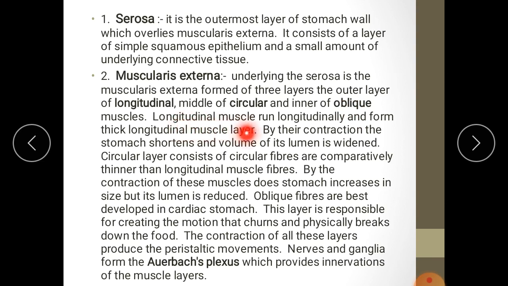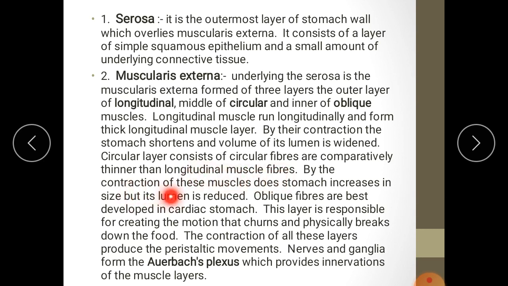Longitudinal muscles run longitudinally and form a thick longitudinal muscle layer. By their contraction, the stomach shortens and the volume of its lumen is widened. The circular layer consists of circular fibers, comparatively thinner than longitudinal muscle fibers.